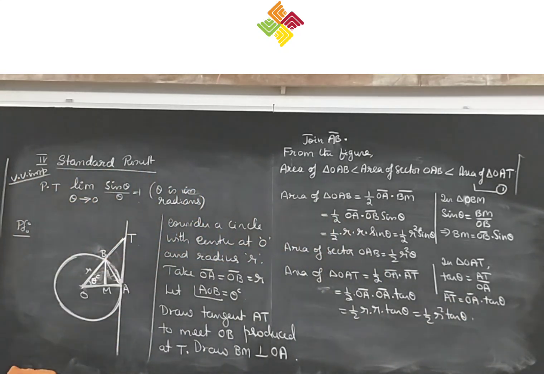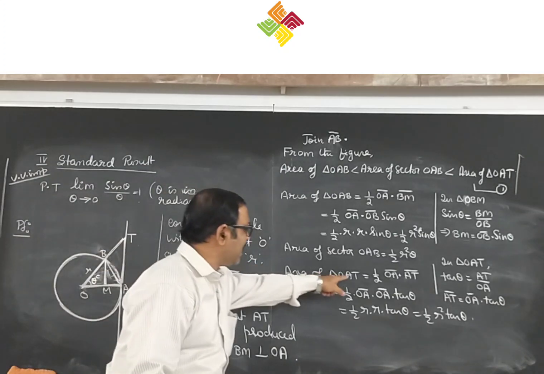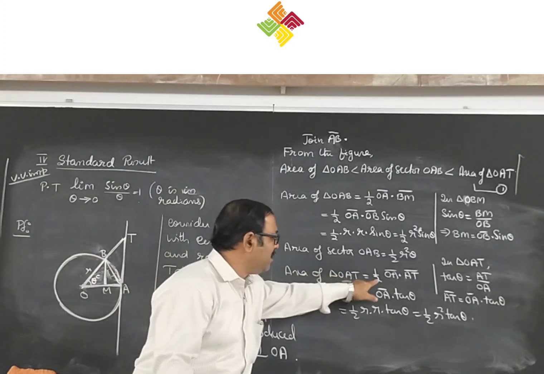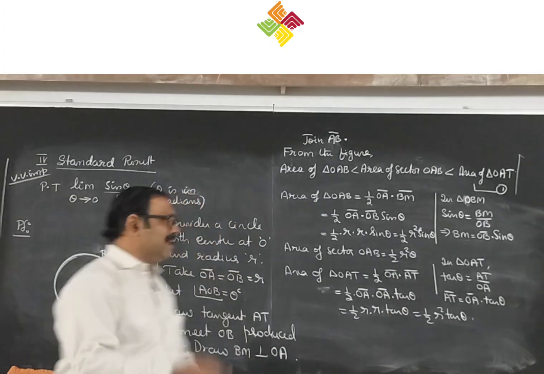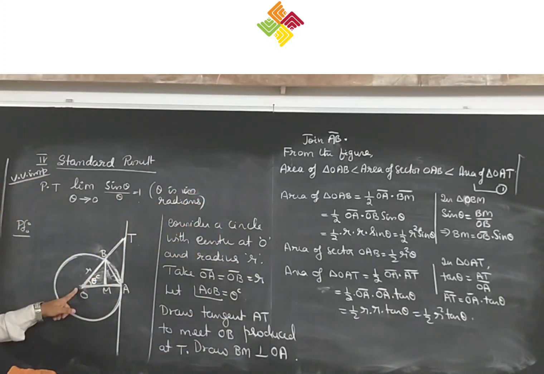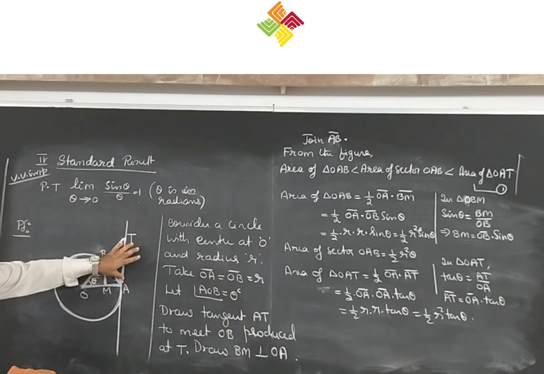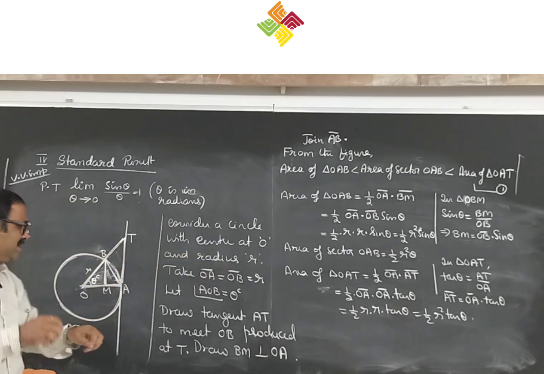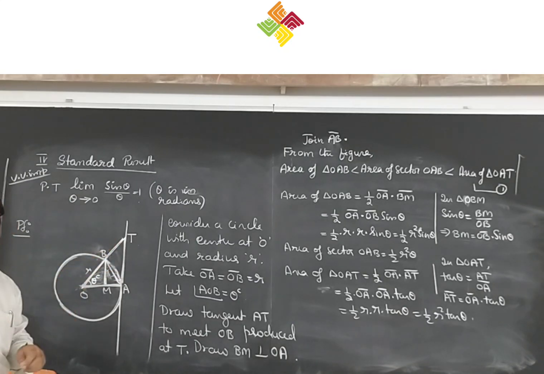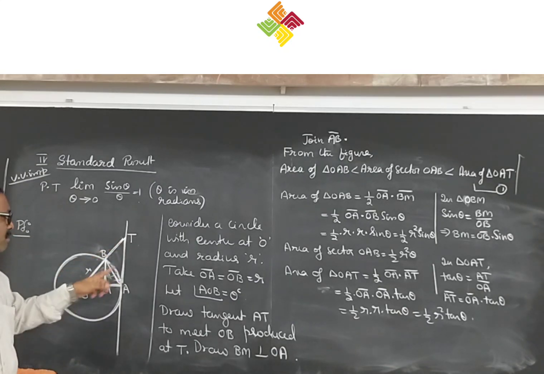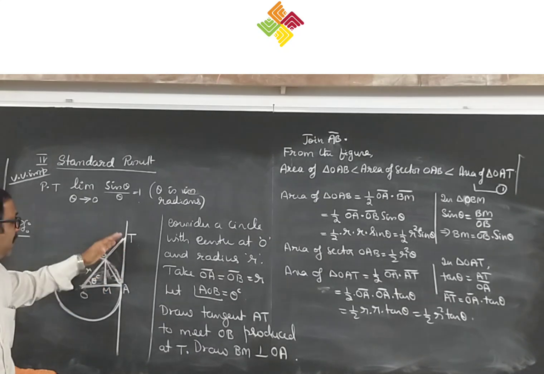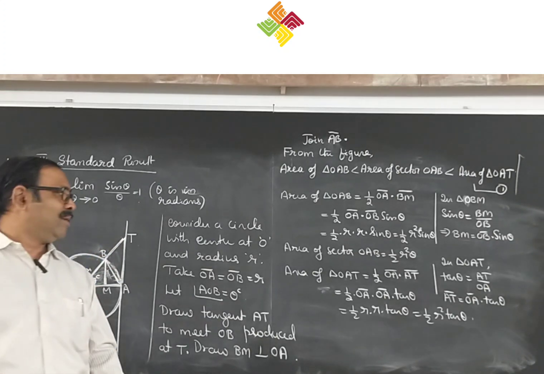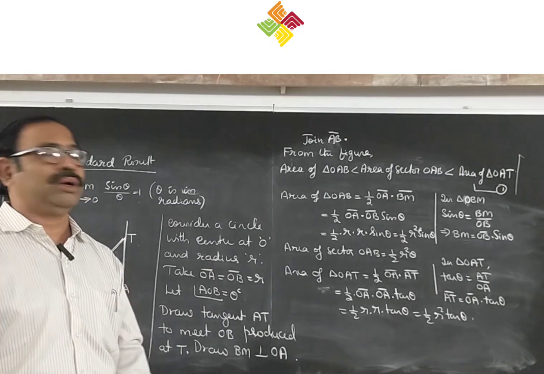So I have got this. Area of the triangle OAT is half into OA into AT. OA is R, AT is not known. That is the reason why I am changing that. Even you should understand this. Because AT is not known, by using this right-angled triangle OAT, we can write tan theta as AT by OA.